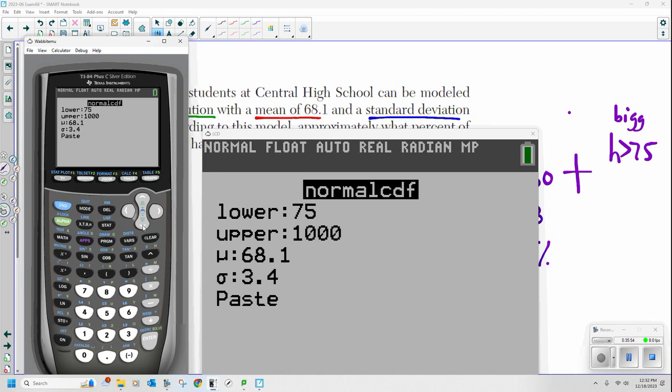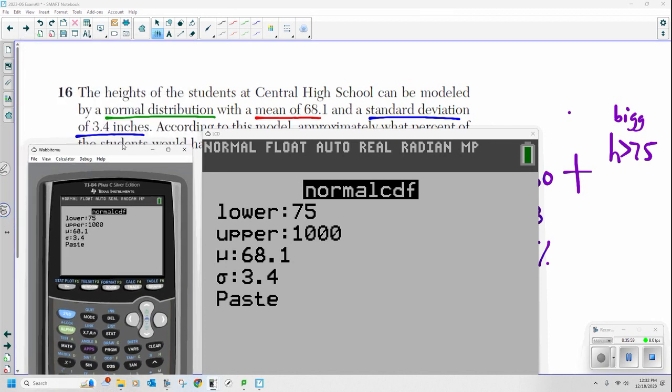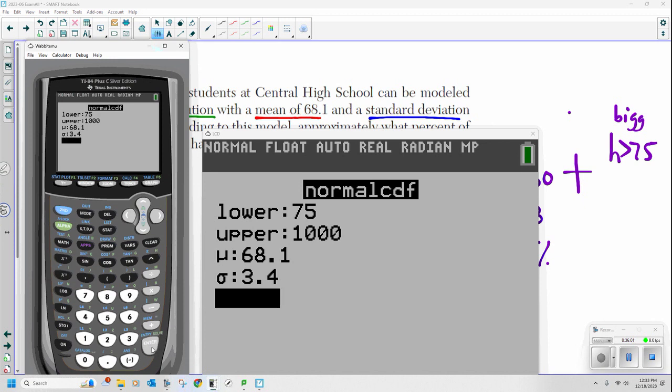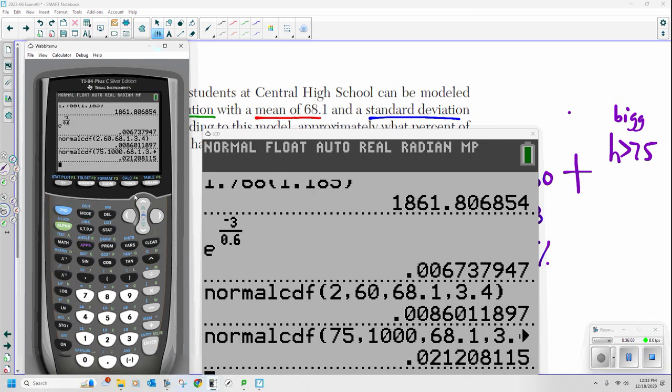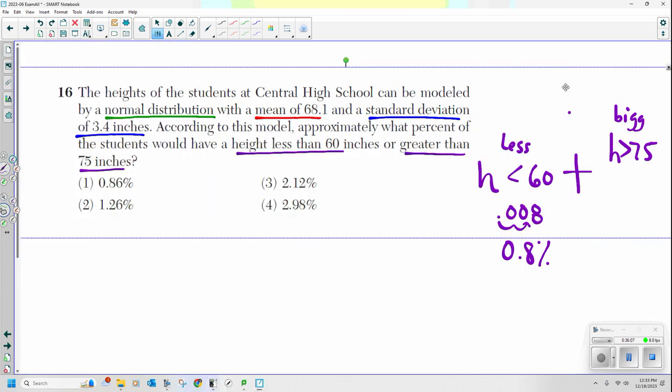The mean and standard deviation are the same because it's the same scenario. I'm going to paste this, and I get 0.0212. That's a probability. To make it a percent, I slide that decimal over twice. It's 2.12%.